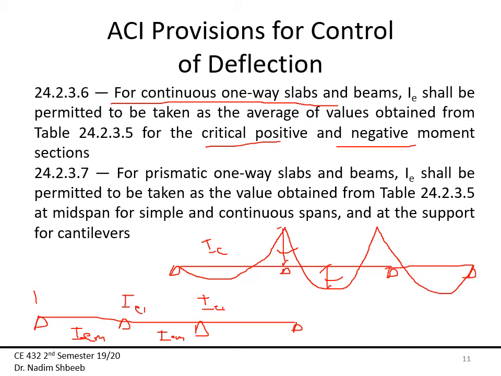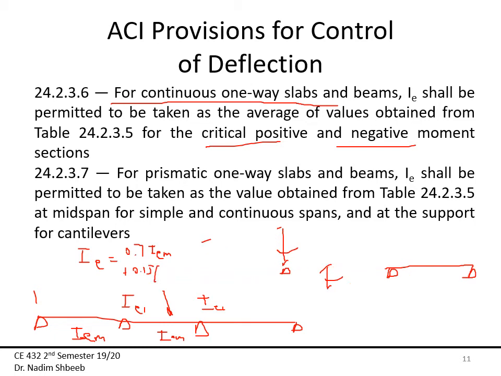Okay, so for this part, when I have two ends continuous, one suggested average could be IE is equal to 0.7 IE midspan plus 0.15 IE1 plus IE2. Okay.